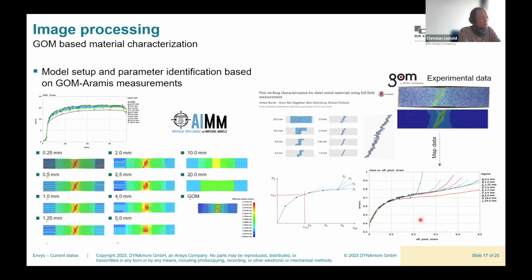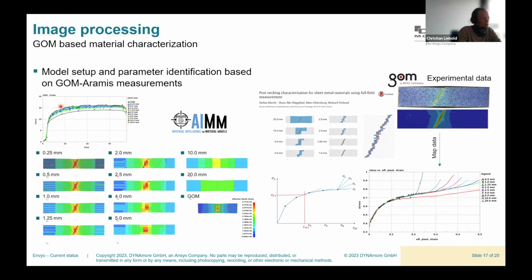As I said, we've been working on GOM material identification and initialization. So here you basically see the transfer of displacements of a GOM measurement onto models with different element lengths. And we've basically run these models as a displacement-driven simulation with all the nodes having a dedicated displacement.